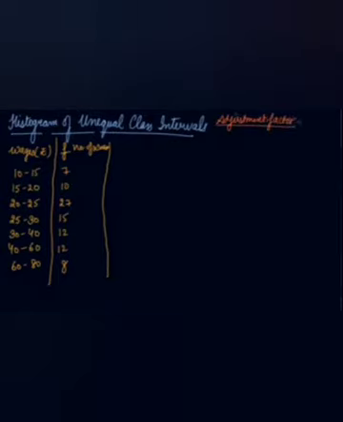The adjustment factor is the class height of the smallest class interval. Here the smallest interval is 5. There is no gap less than 5, so your adjustment factor is 5.